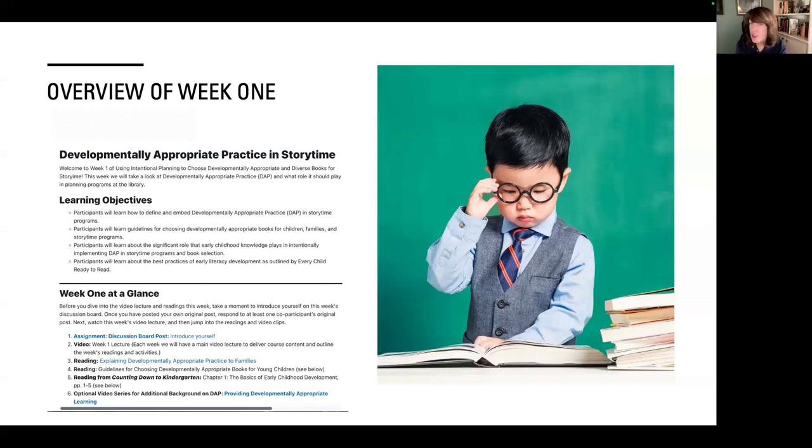So in this class, you're going to get hands-on practice connecting current and classic children's books to the developmental ages and stages of infants, toddlers, 2-year-olds, preschoolers, the whole age range there. And we're going to focus on intentionally choosing books based on their connection to the early literacy skills and the 5 best practices of ECRR, their connection also to fostering school readiness skills, and their connections to diverse family cultures and traditions.